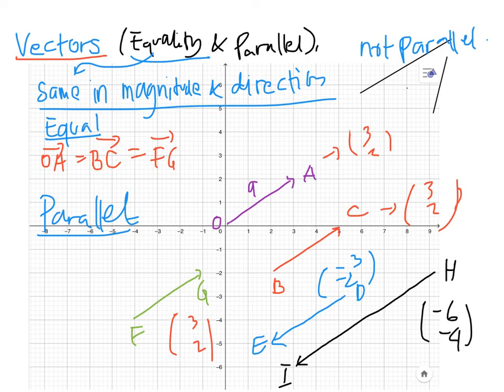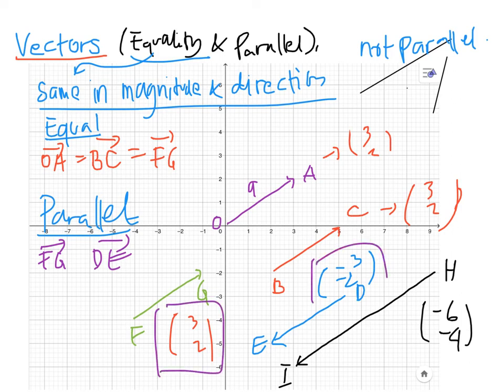How about the direction? Does the direction matter? That's the thing that we have to check in terms of vectors. Let me just give you an example. FG vector and DE vector, are they parallel or not? If you see, they have different directions, but if you see the numbers, they're actually just the opposite, like the negative of it. So that's also another term, opposite.